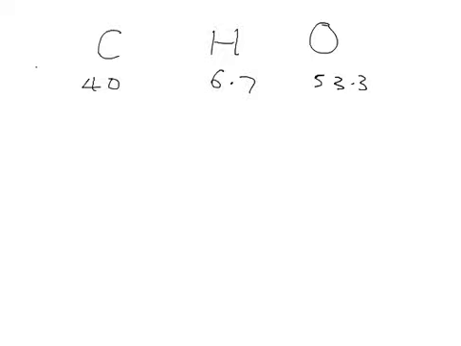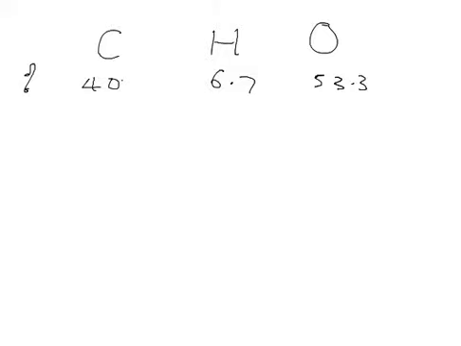The compound is made up of carbon, hydrogen, and oxygen. And we're told that the percentage of carbon is 40%, the percentage of hydrogen is 6.7%, and the percentage of oxygen is 53.3%. So these are the percentages.